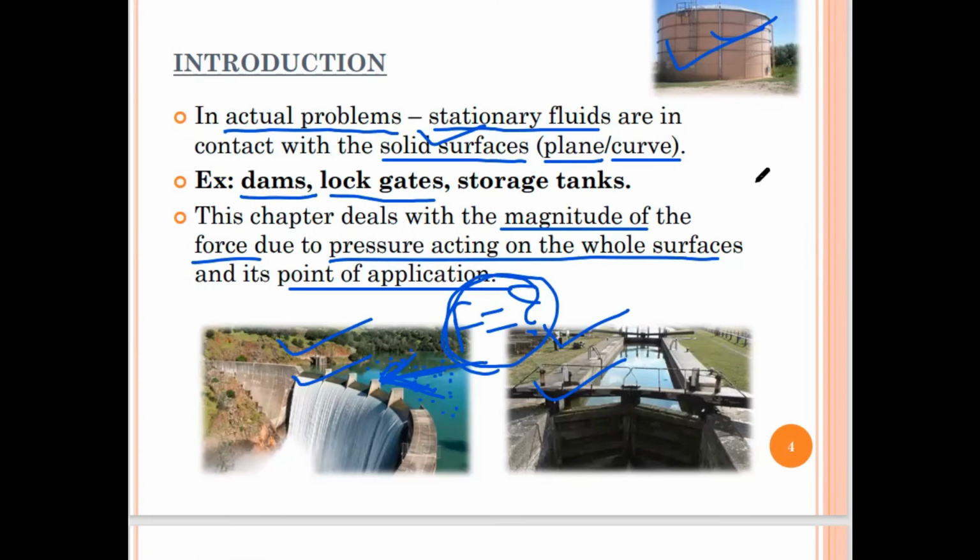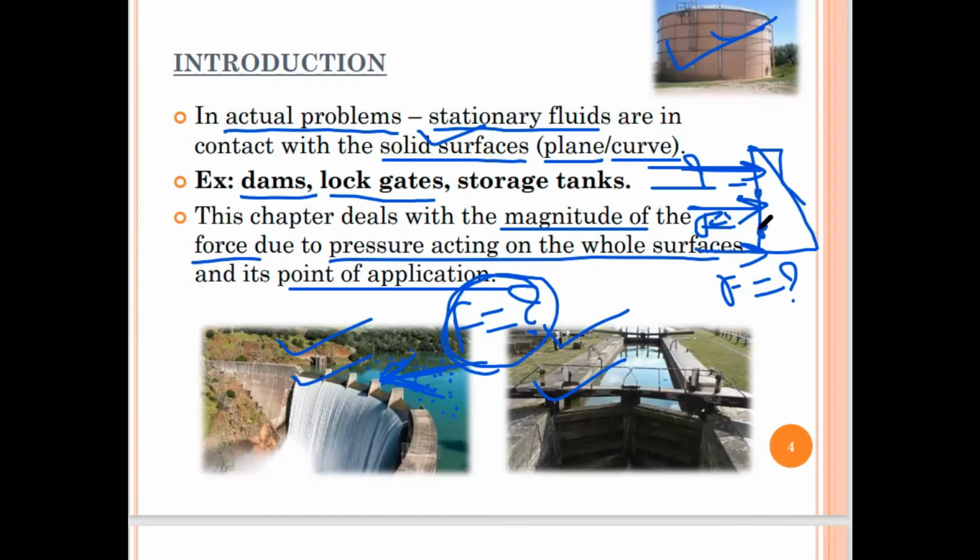I'll just draw the cross section. If you consider this as a dam, here the water is stored. This water will exert a force, that is F. We are going to calculate the magnitude of that F, and at which point of the dam this force will act, whether at the top surface, at the bottom, or at any point.